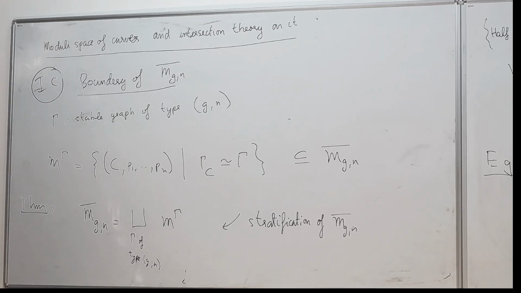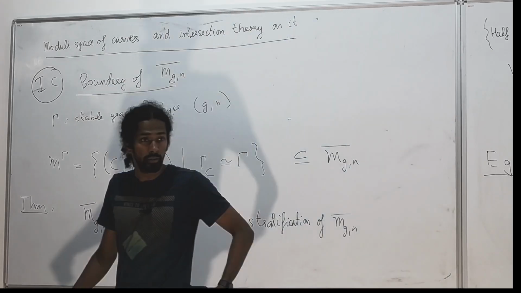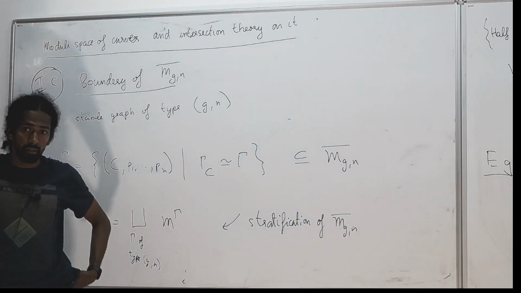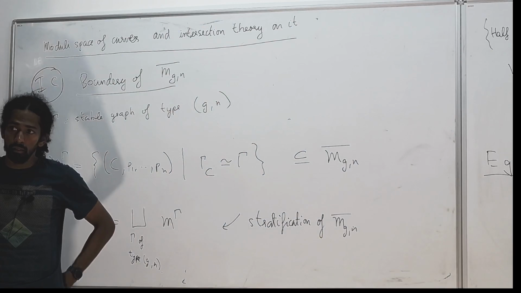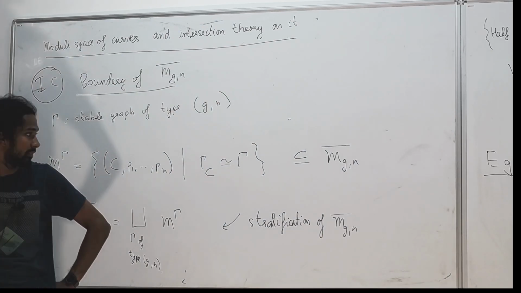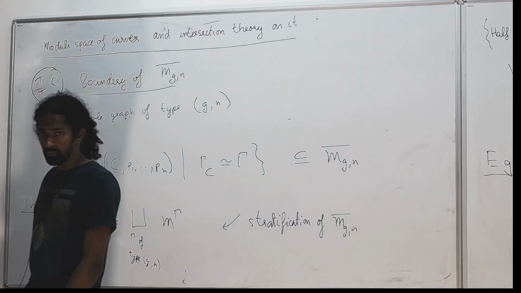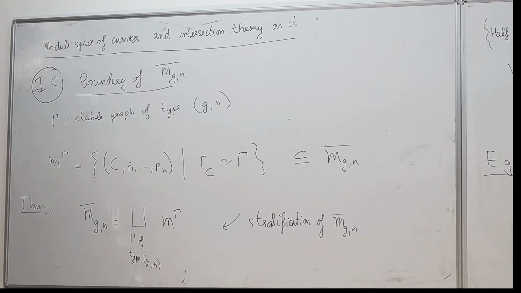That's right. It's the automorphism, the isomorphism. You should also quotient by it.